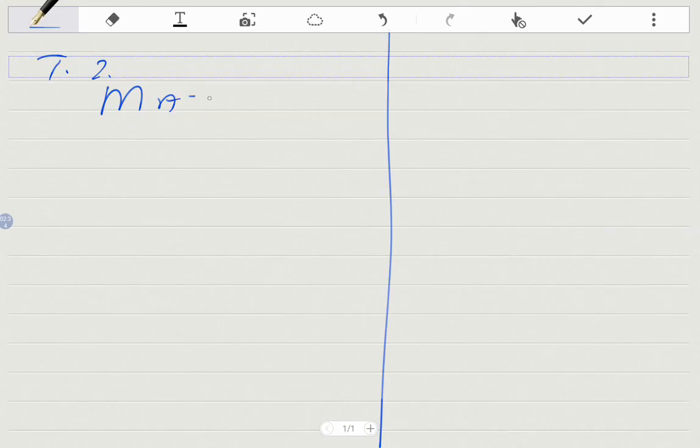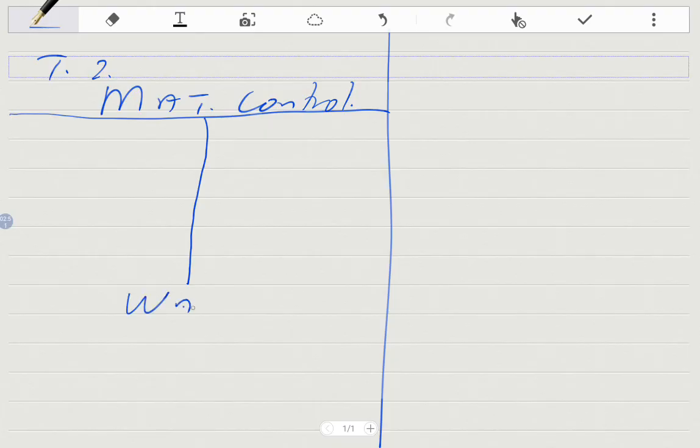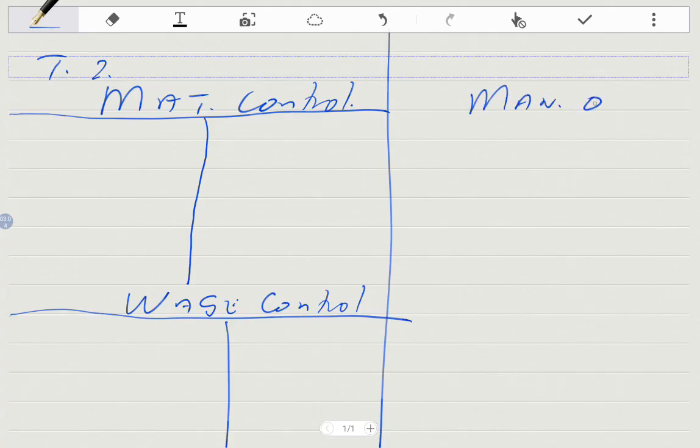So here is our material control account. After that, we've got the wage control account. We also need to open up the manufacturing overheads.